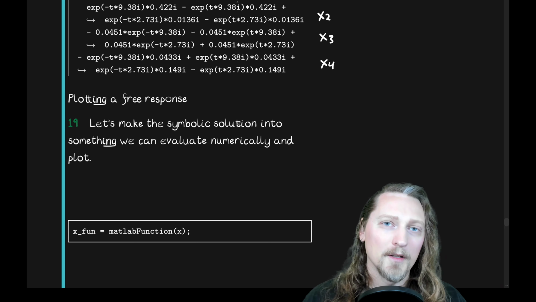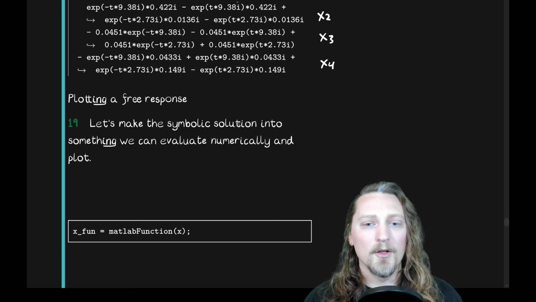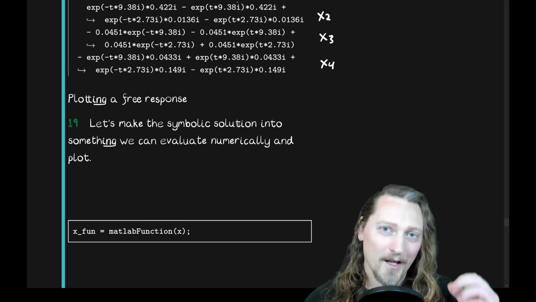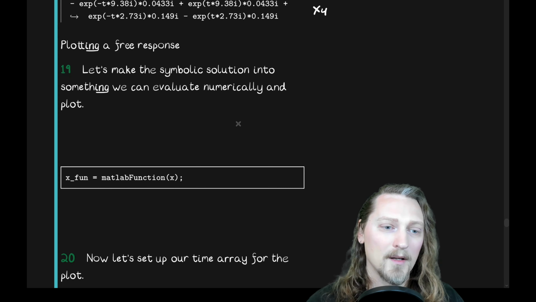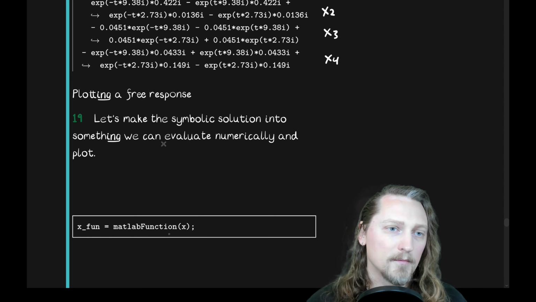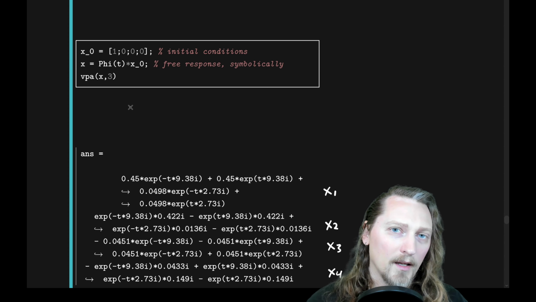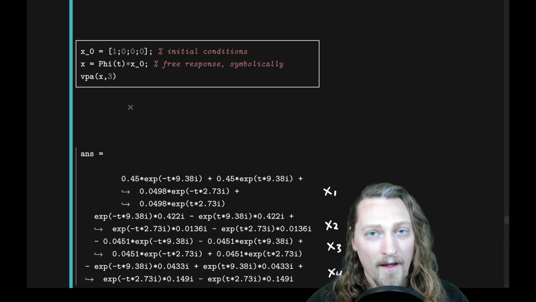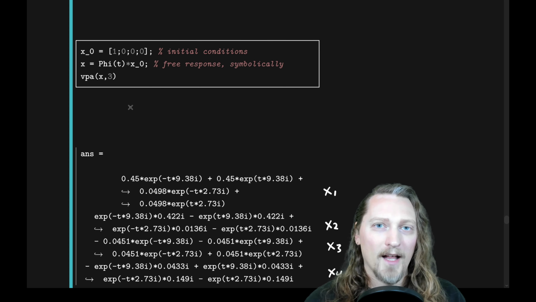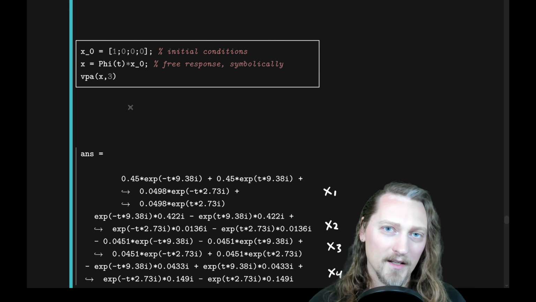So let's plot a free response. Let's make the symbolic solution into something we can evaluate numerically and plot first, because in order to do plots, we have to evaluate things at given moments of time. So a nice way to do that is to take a symbolic function. We're going to turn this x into a numerically evaluable function. MATLAB does not really like evaluating symbolic functions into numeric expressions.